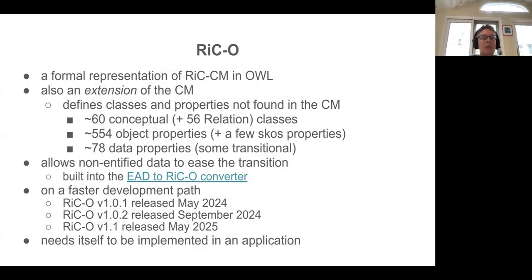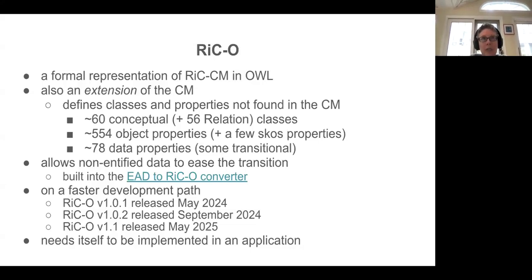So these are the ones that connect an instance of a class to an instance of another class, plus a few SKOS properties that are brought in as extensions, and then 78-ish data properties. So those connect an instance of a class to a data type, like a string. And those 78, I want to say, some of those are transitional.